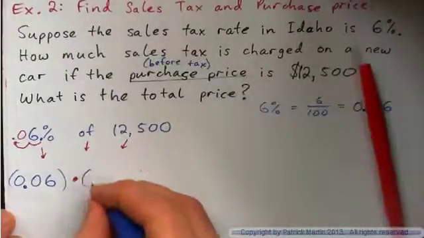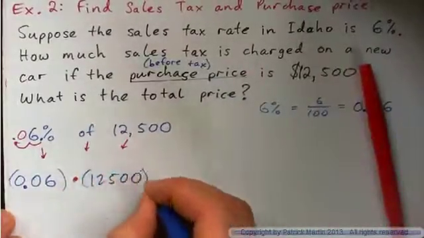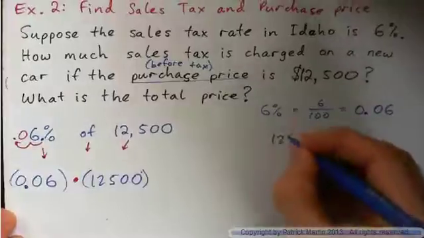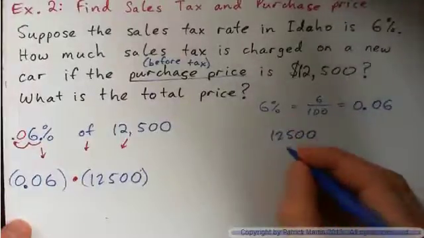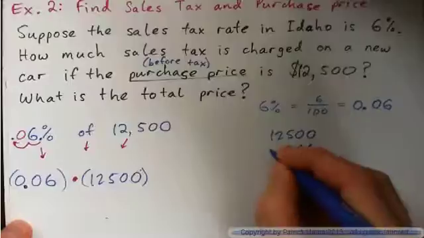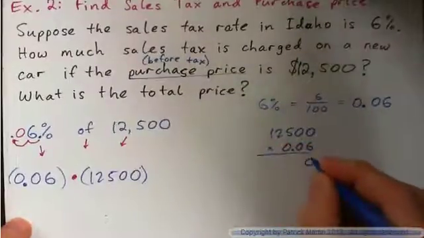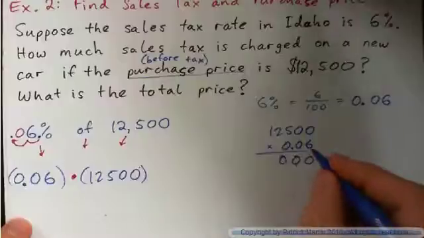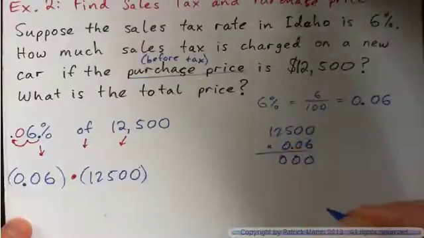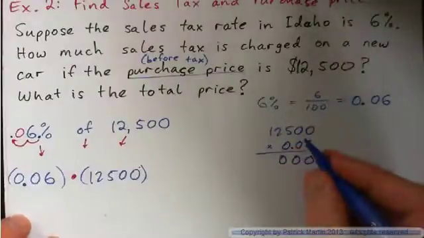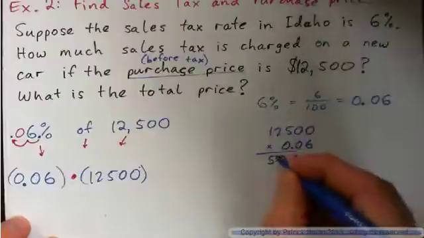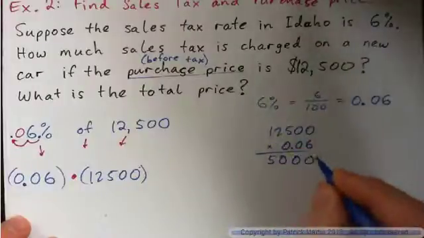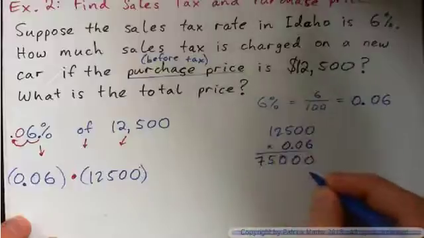Multiply by this number, 12500. Okay? So it's 12500 times 0.06. 6 times 0 is 0. 6 times 0 is 0. 6 times 5 is 30. Carry the 3. 6 times 2 is 12, and 3 is 15. Carry the 1. 6 times 1 is 6, and 1 is 7.